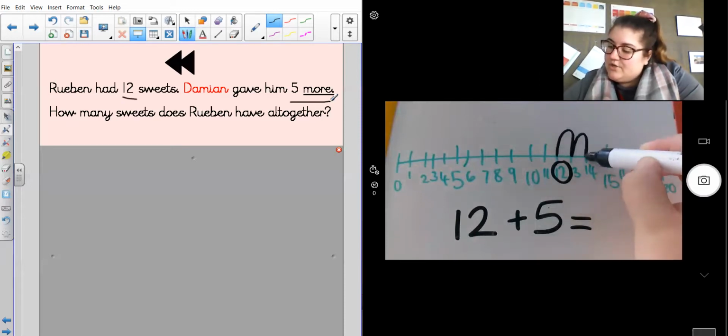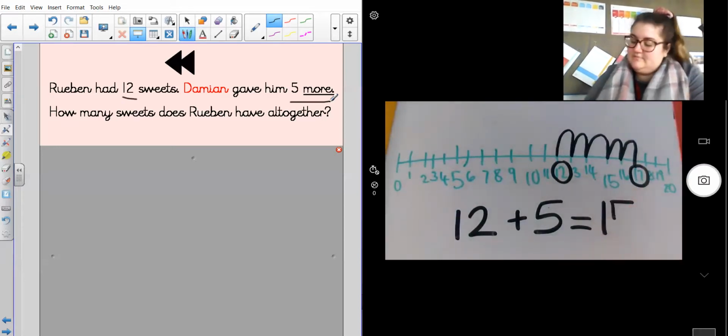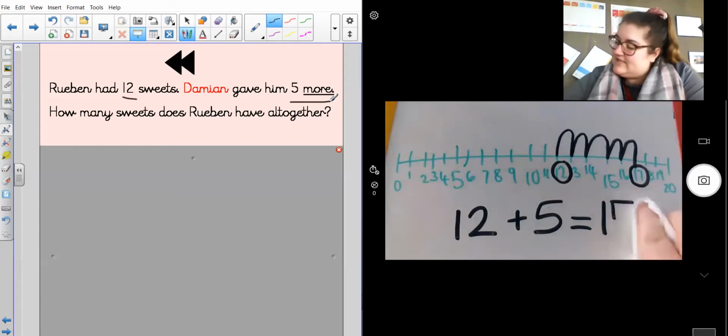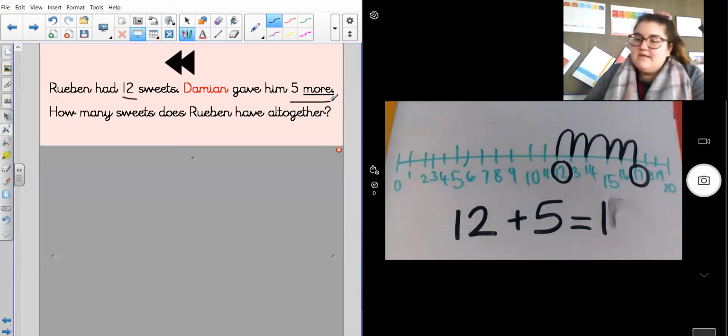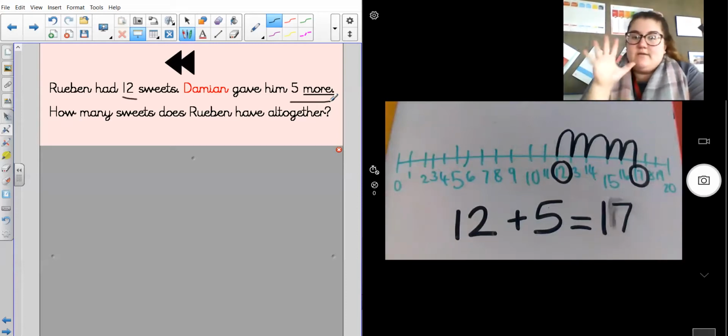1, 2, 3, 4, 5, and I've landed on the number 17. Okay, so that, whoops, I was going to write 15 there, silly Miss Winfield. That must mean that 12 add 5 is 17. But let's check using our fingers. So I'm going to put 12 in my head and I'm going to count on 5 more.